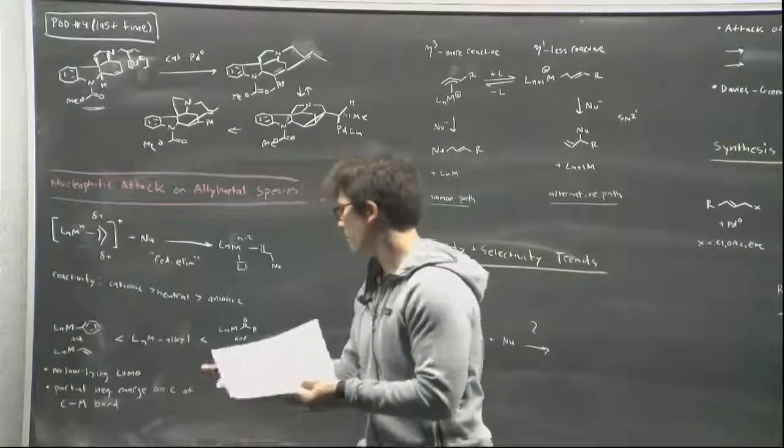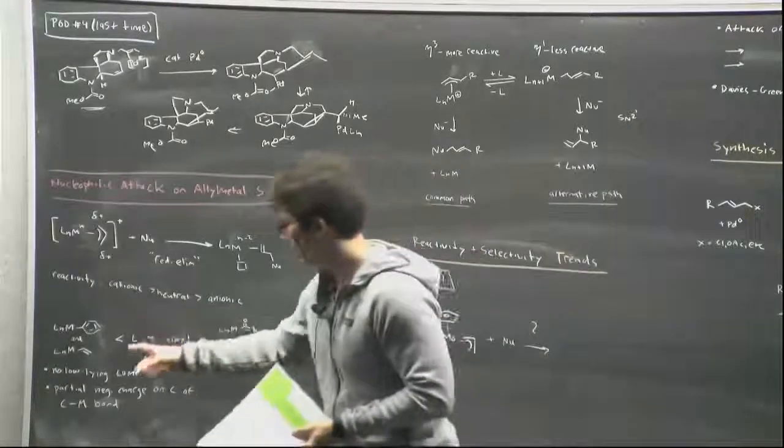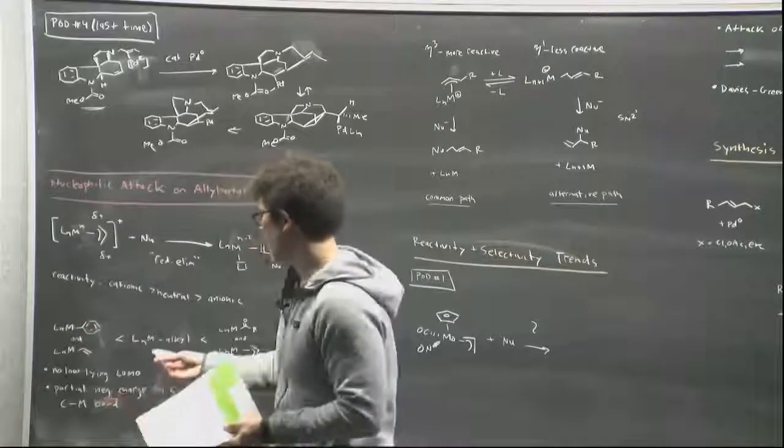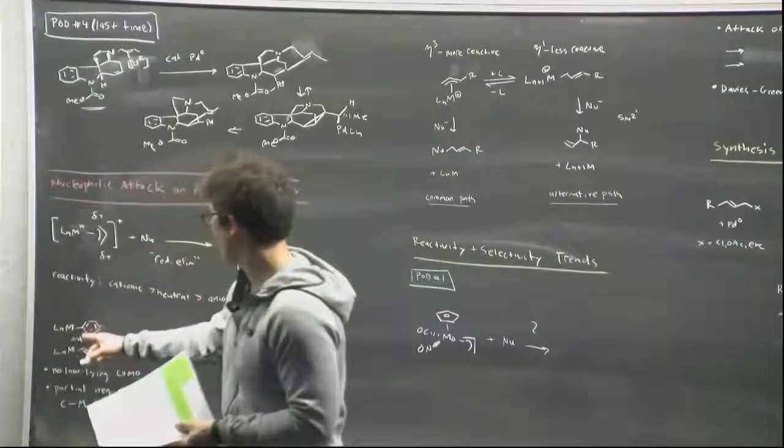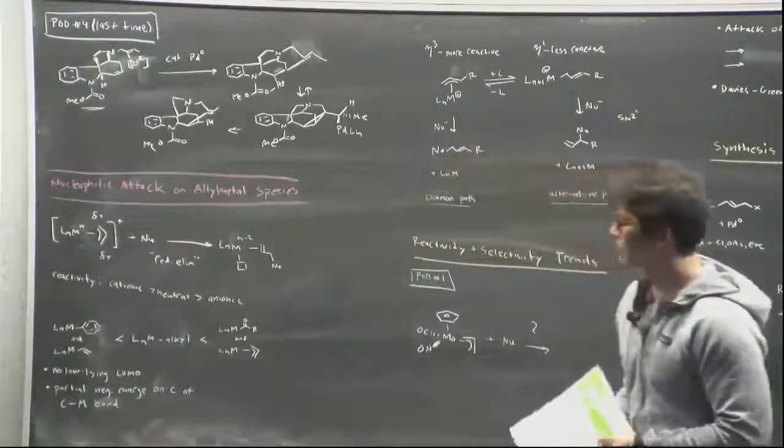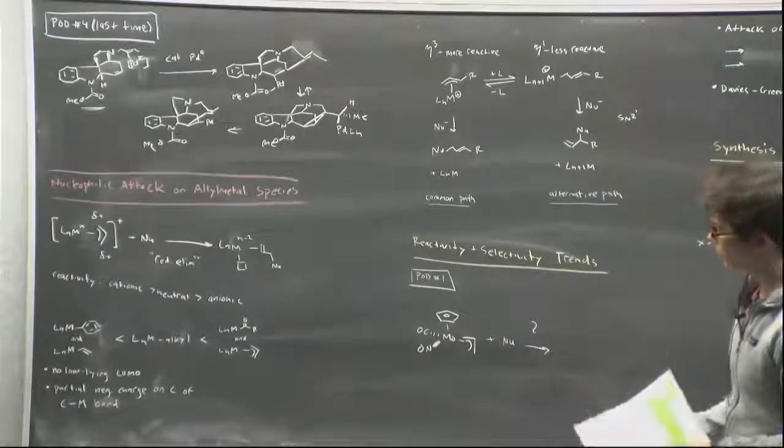And if one thinks about the charge distribution of these complexes, they actually typically have partial negative charge on the carbon fragment. This just goes back to what we covered very early in class about electronegativities.